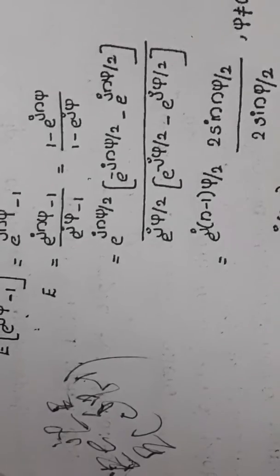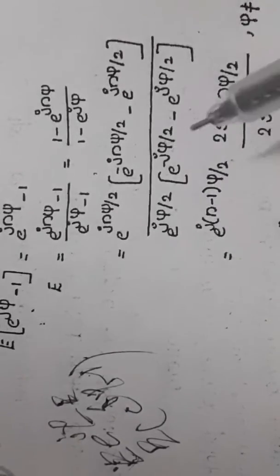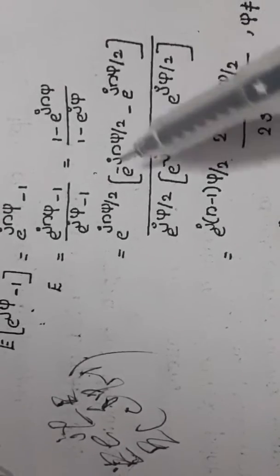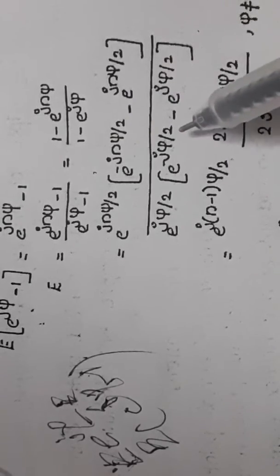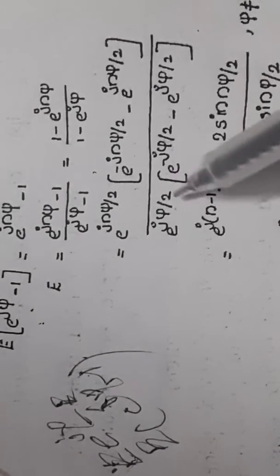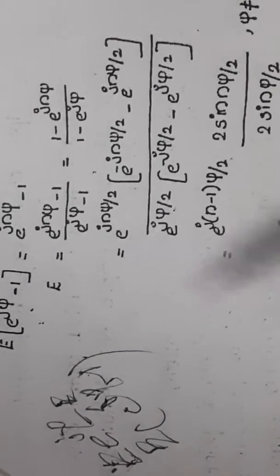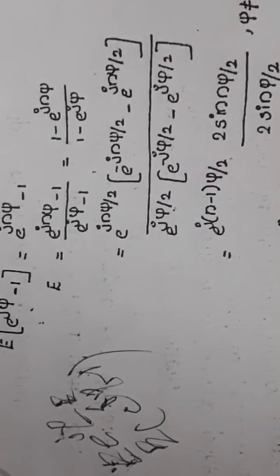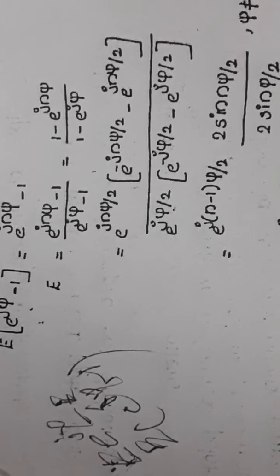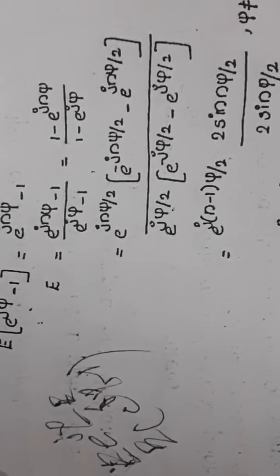And again, the upper one, the numerator side, indicates the sine function according to the trigonometric ratios. Similarly for the denominator also. So the resultant is e^{j(n−1)ψ/2} left, and in the numerator sin(nψ/2) by the denominator sin(ψ/2).